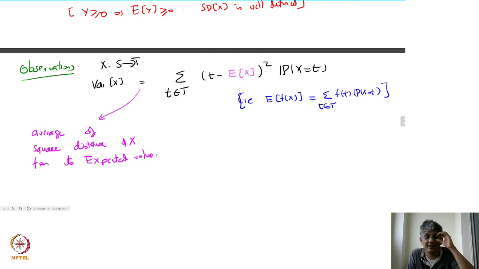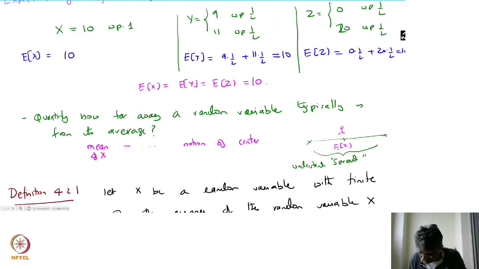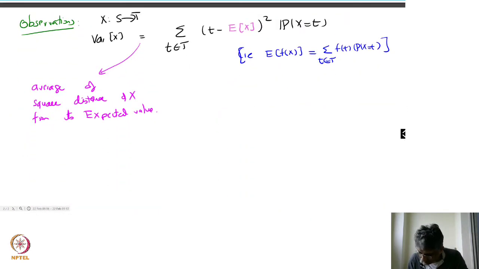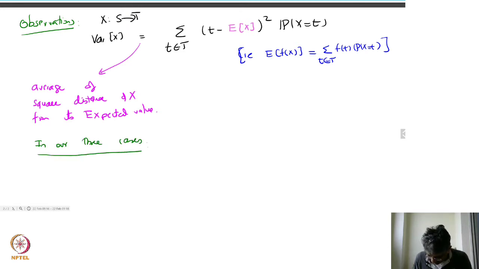For example, like in the previous example, let's go back to here. In our three cases, what happened? Variance of x was 0. Variance of y is, again, everything is 10.